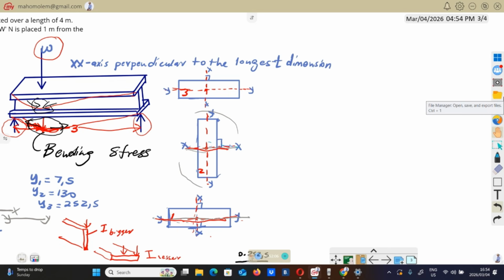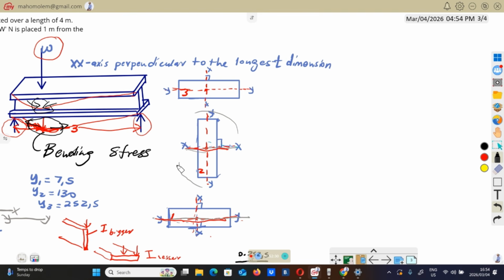As I've said, every profile is going to have 2 I values. It's going to have 2 different strengths depending on how you position it. You can test that with your ruler. If you place it one way, it will bend easily. If you place it the other way around, it will not bend easily.